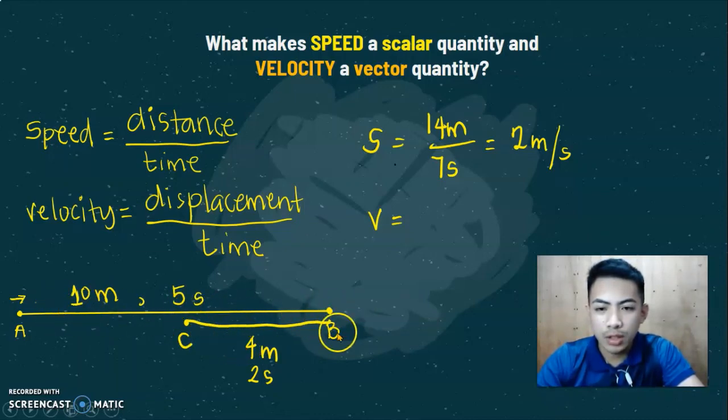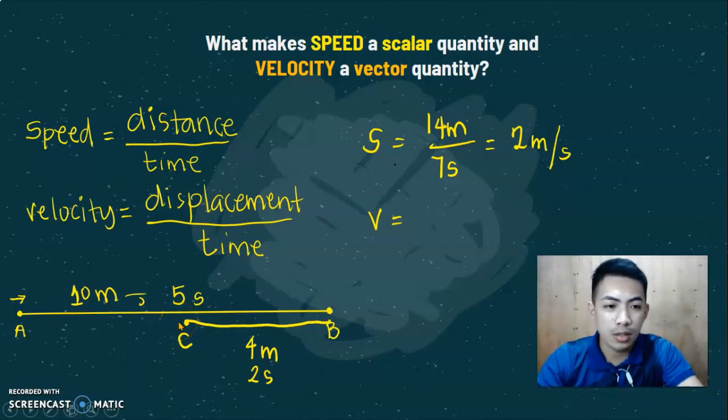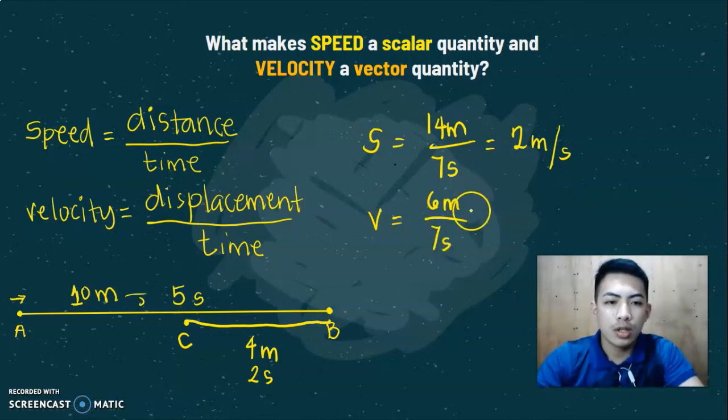So if this is 4 meters, that means A to C is just 6 meters, and that is now the displacement of the car. So to calculate velocity, you will no longer use 14 meters. You will use 6 meters over 7 seconds. So obviously, the answer would be less than 1 meter per second, and that is way smaller compared to our speed.